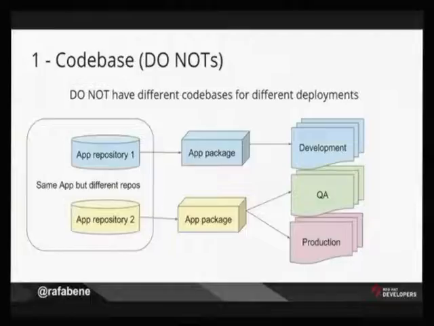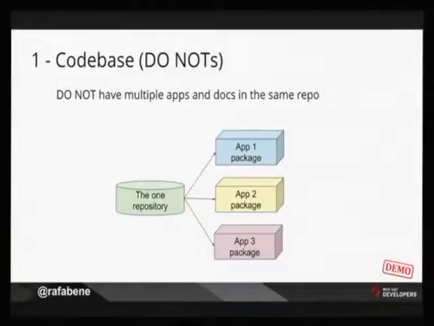But for the QA or for production, you have another repository that creates another package. You should not do that because you are losing control of the synchronization of these two repositories. What else should you not do? Have one big repo with all your applications there, because you have mixed history for both of them, or for three, or for all of them.